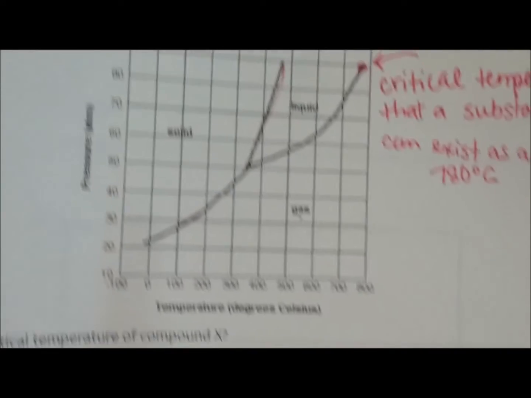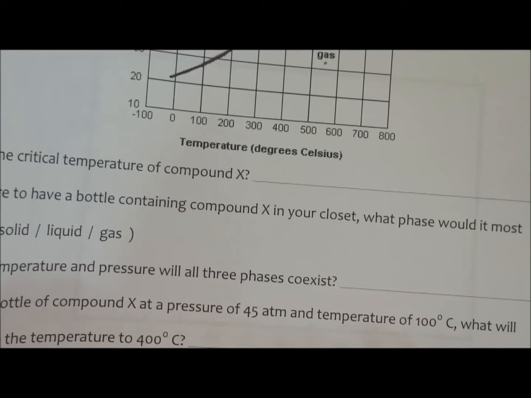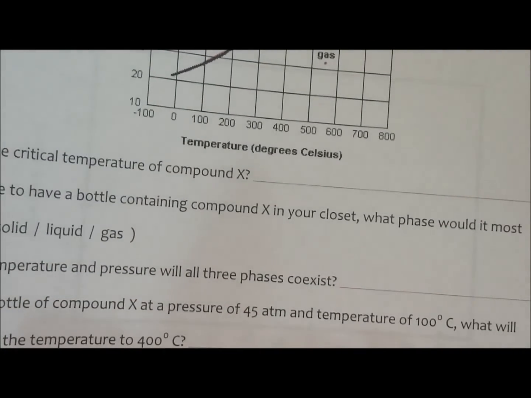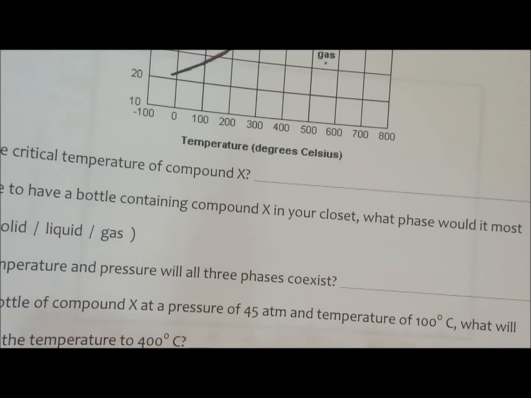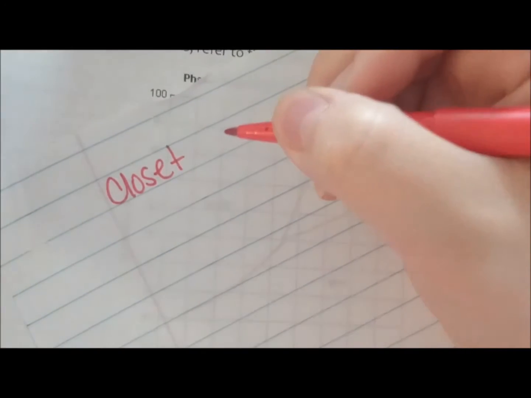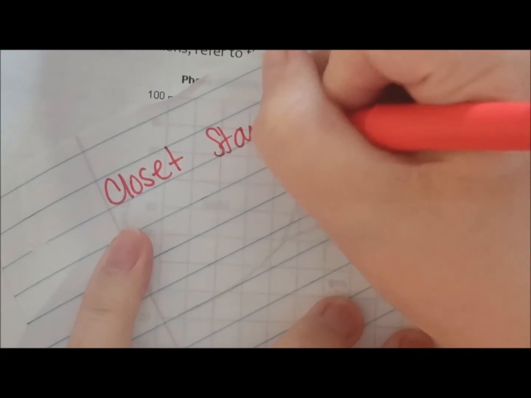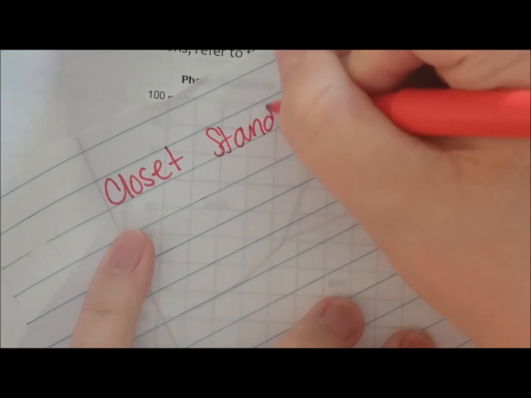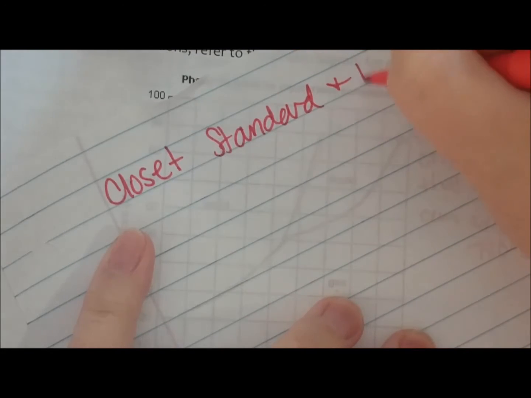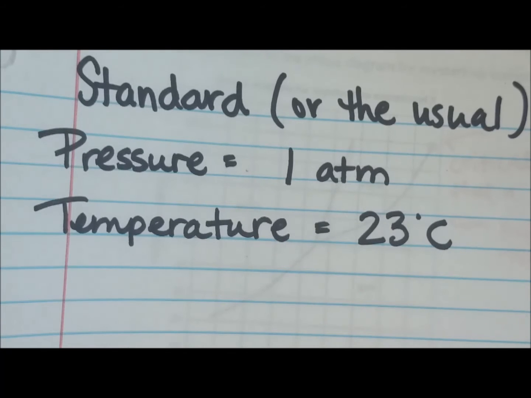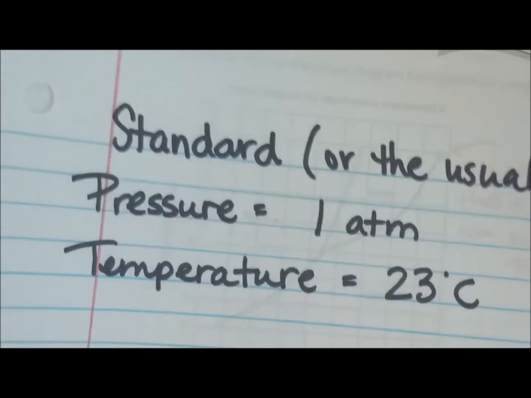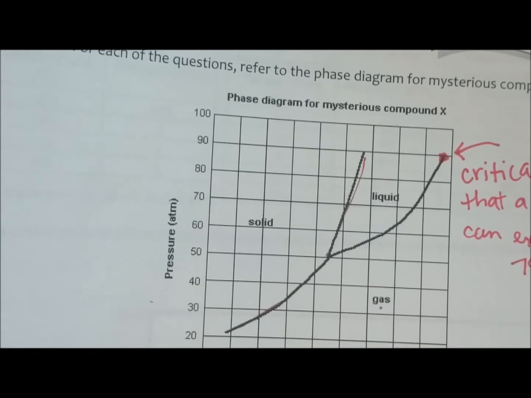So, next question says, if you were to have a bottle containing compound X in your closet, what phase would it most likely be in? I'm going to say in my closet that it is at standard temperature and pressure. We need to remind ourselves that standard temperature and pressure is pressure at 1 atm and temperature at 23 degrees Celsius. Okay, so you should have that written down somewhere.